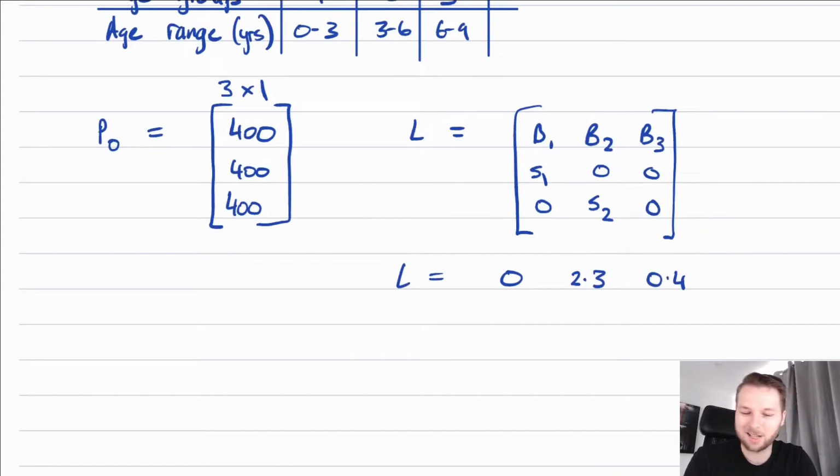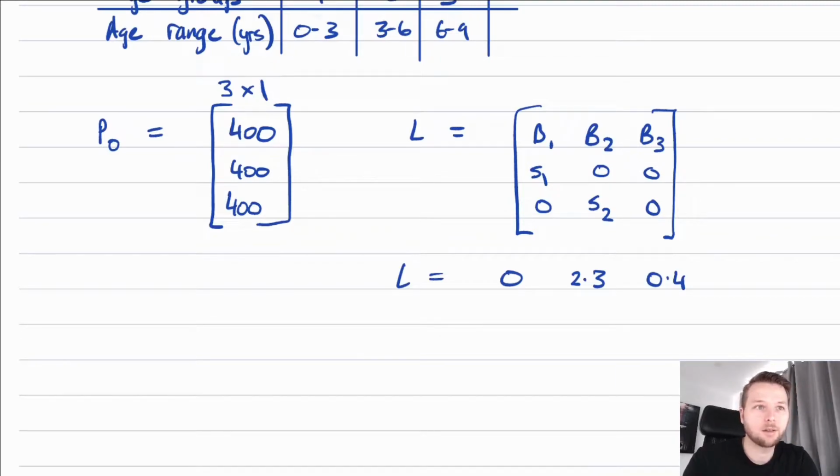So by 6 years old, they're generally not having any more children. So this 2.3 for birth rate 2 is saying that on average, every one of the population has approximately 2.3 babies or offspring.